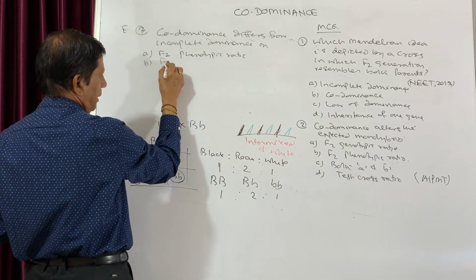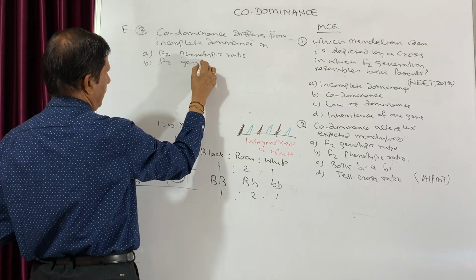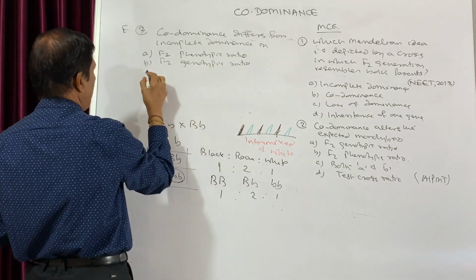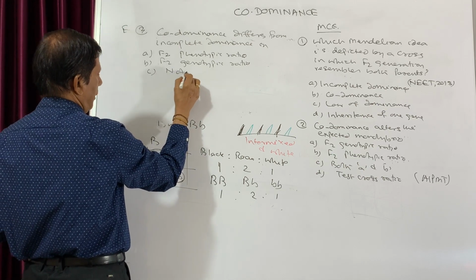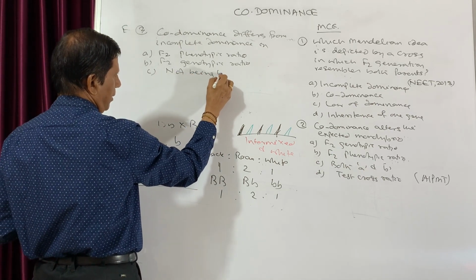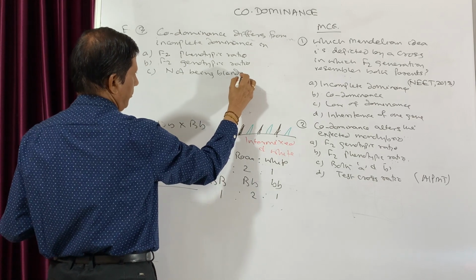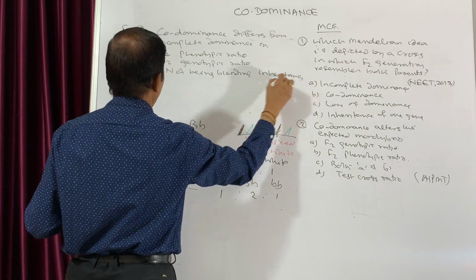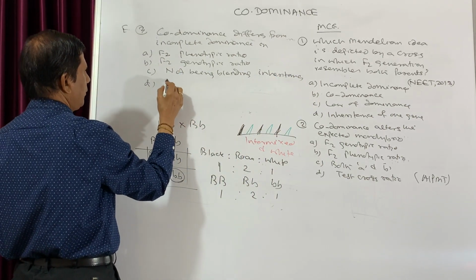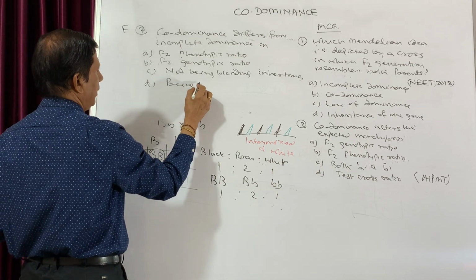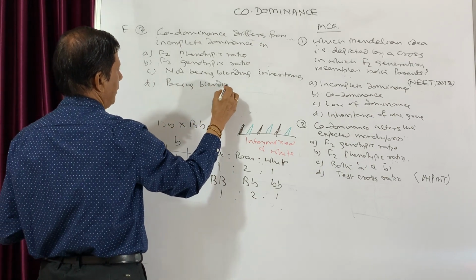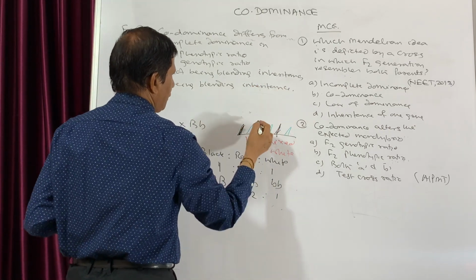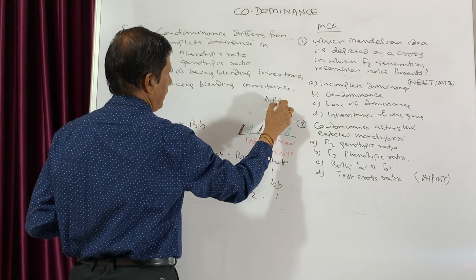Second choice, F2 genotypic ratio. Third choice, not being blending inheritance. And the next one, being blending inheritance. This question was also asked in AIPMT.